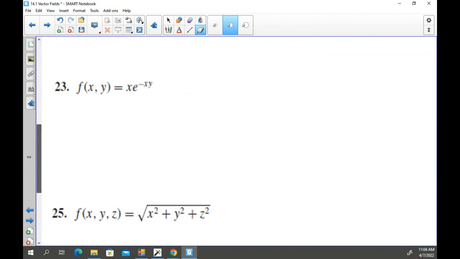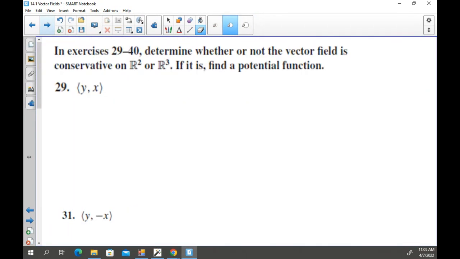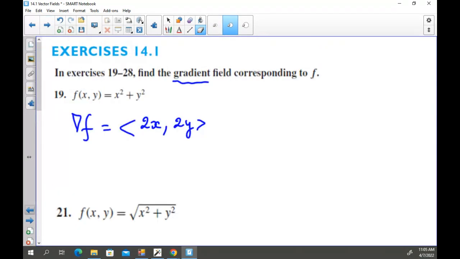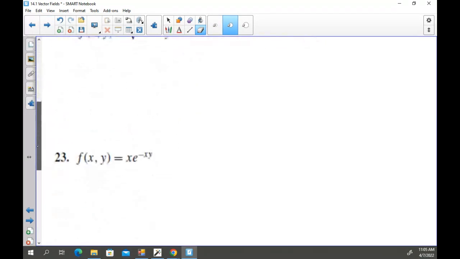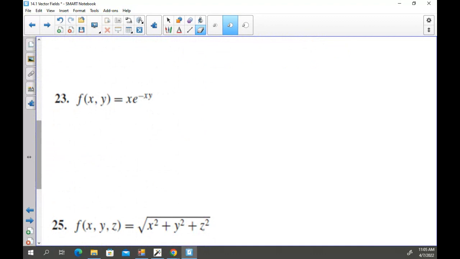How about this one? What will be the gradient of this function? If you want the gradient of this function, we need to use the product rule here, u and v.